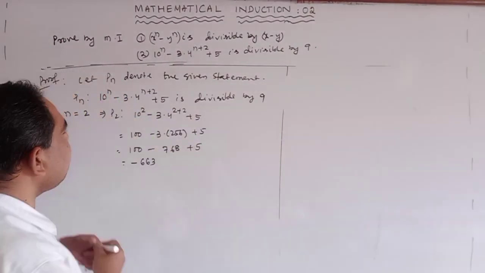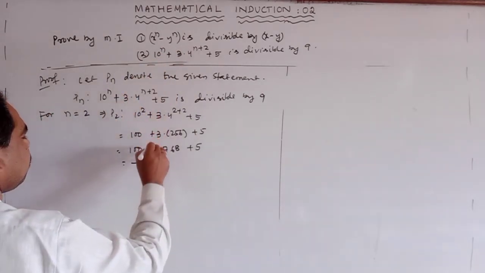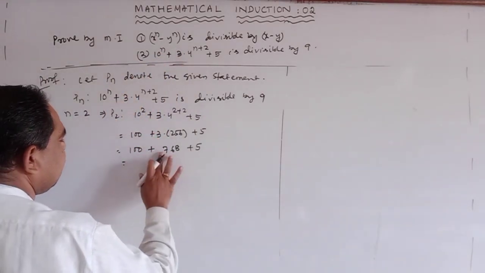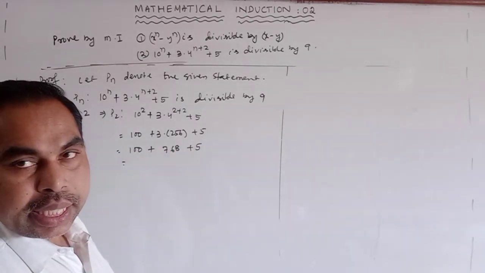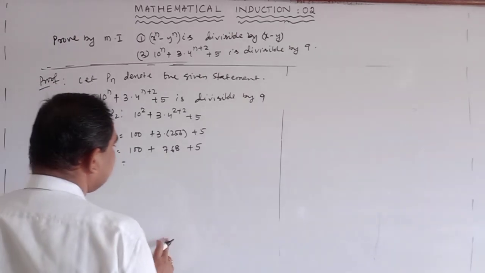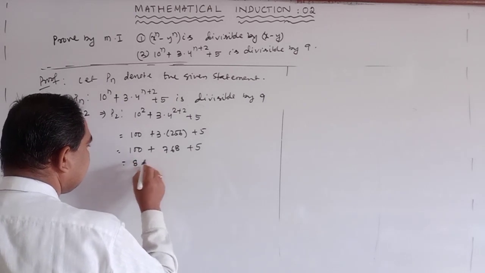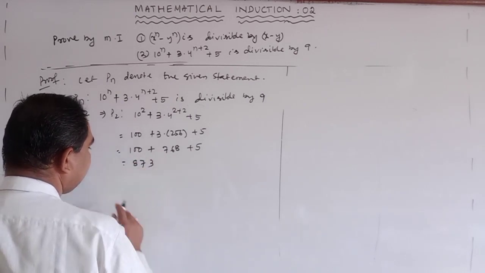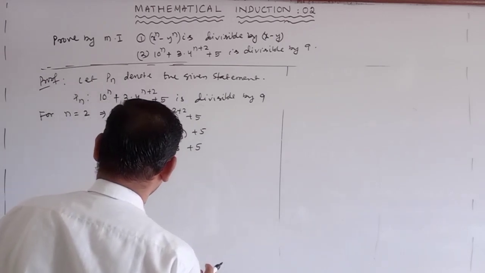Sorry, it is a plus given, not minus. So 768 plus 100 is 868, plus 5 is 873.